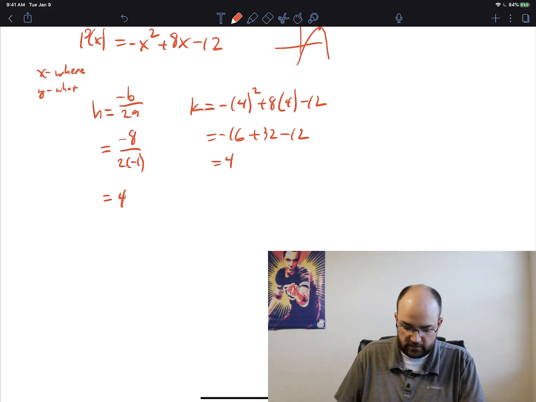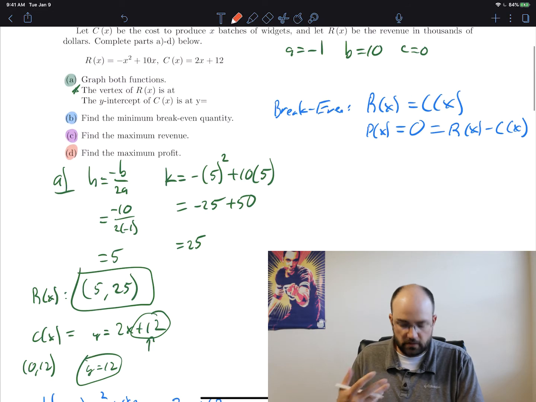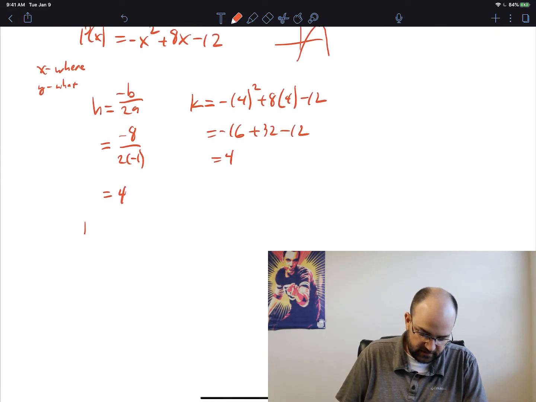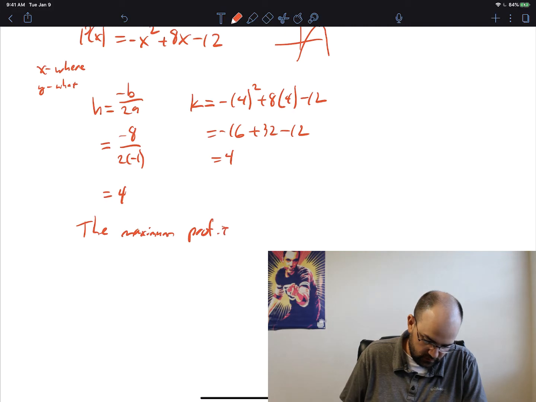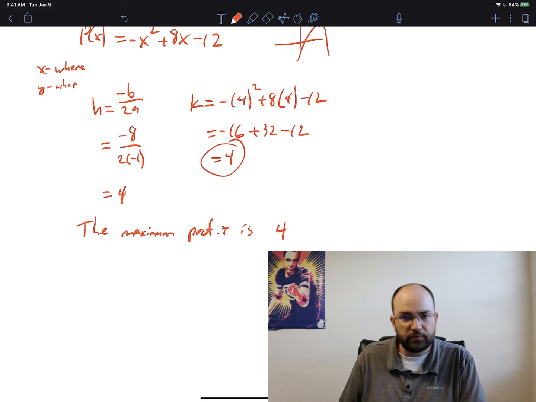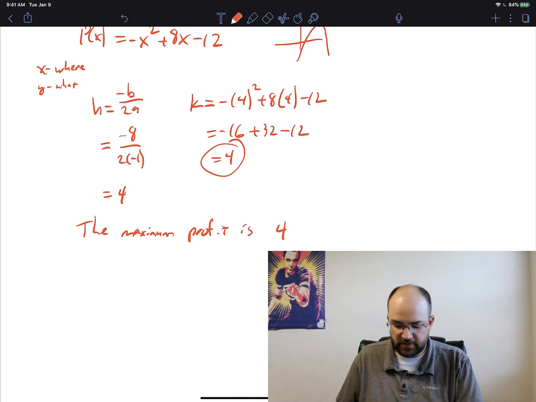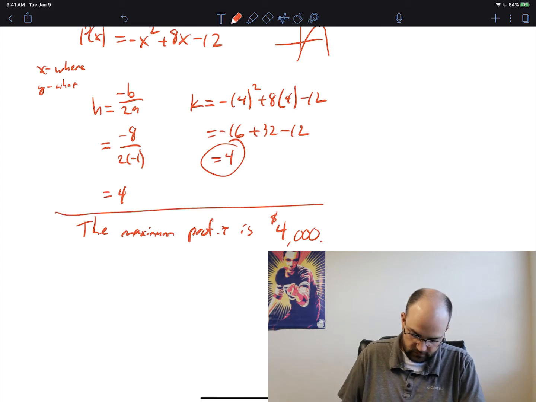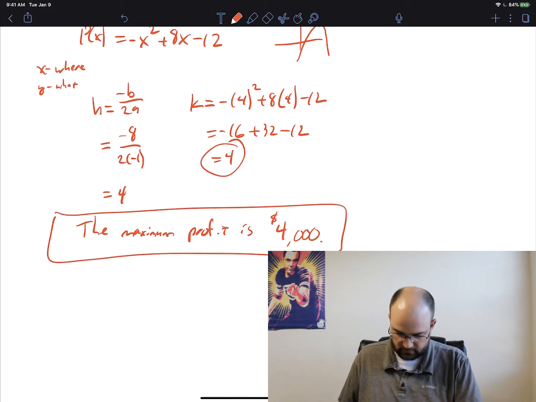So the question asked for us to find the maximum profit. So that means that the maximum profit is, and it comes from that right there, 4. But remember, this is all in thousands of dollars, so put $1,000. Good deal.